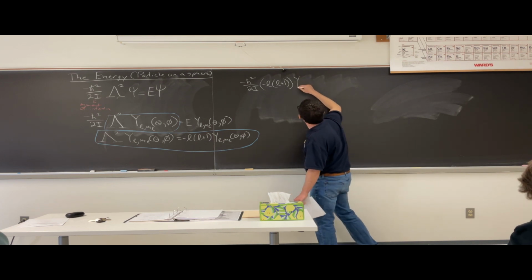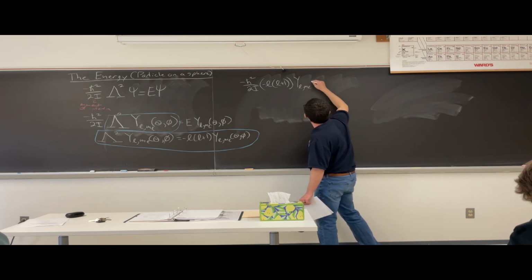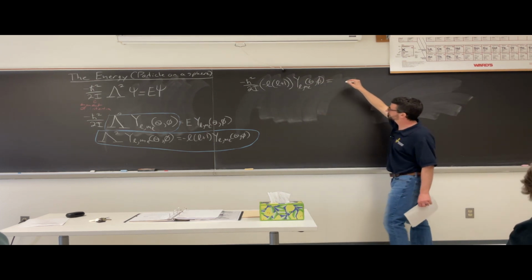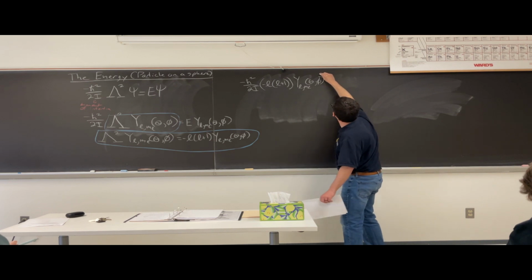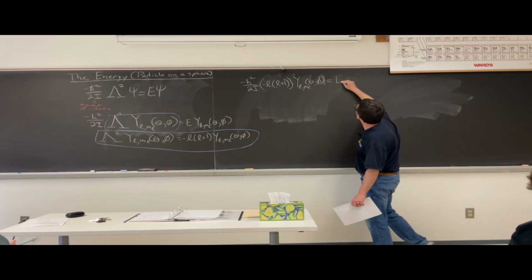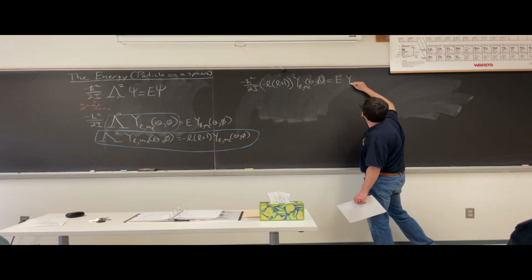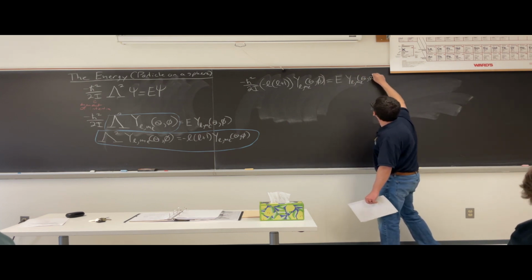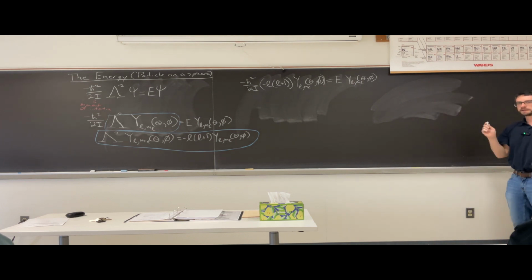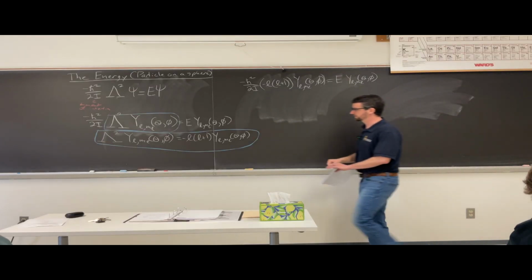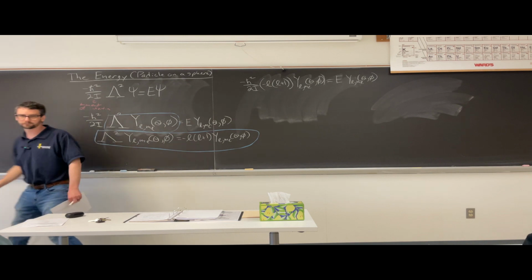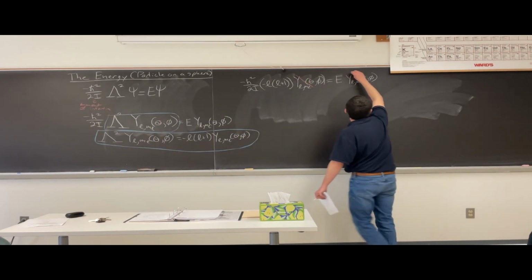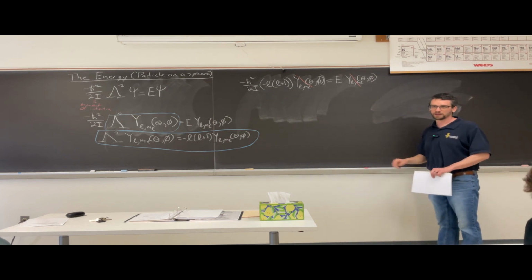And what's that all equal to? We want to get an expression for the energy though, so what can we do? Yeah. We can divide through by Y, we end up with this.